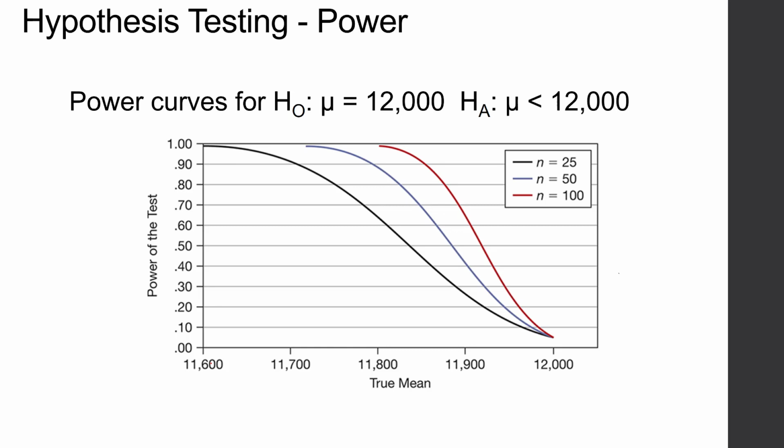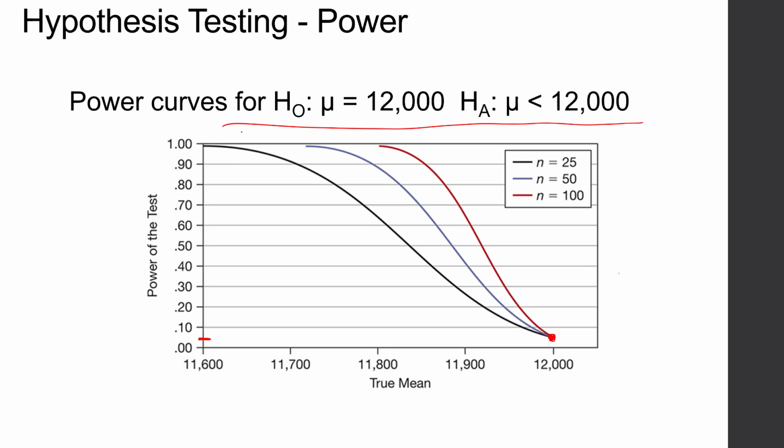Now, how can we tell the alpha level of this test? The alpha level is going to be the height where these lines meet down here. So we can see that the alpha level of this test is 0.05. How could I tell the direction of this test without having this information up here given to me?